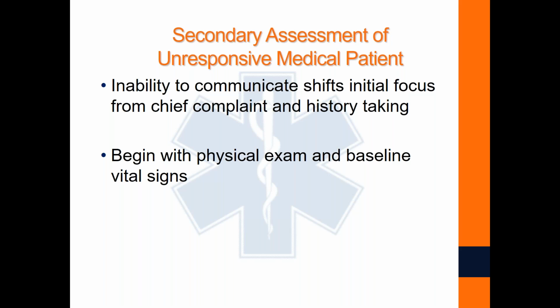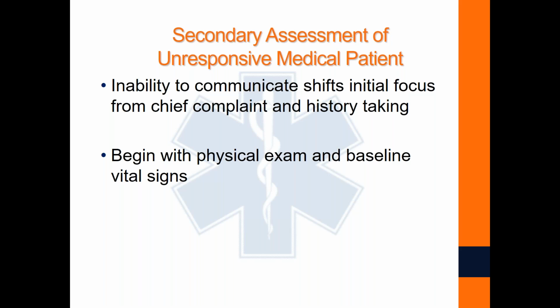It's more difficult to get information when there's no back and forth with the patient. They can't talk to you about their chief complaint. You can't get any history. You don't know them from Adam. And at the end of the day, all you can do is look for clues. And if you find them, that's great. And if you don't, we treat what we see in front of us.